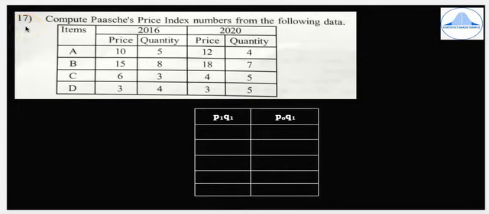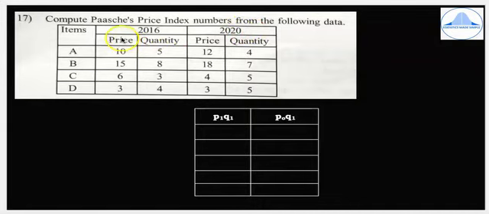17th question. Compute Paget's price index number from the following data. In the first column you have items, then you have the year 2016, which is divided into two columns, price and quantity. Similarly, the year 2020 is divided into price and quantity. So the prices and quantities for the base year 2016 and the current year 2020 are given.